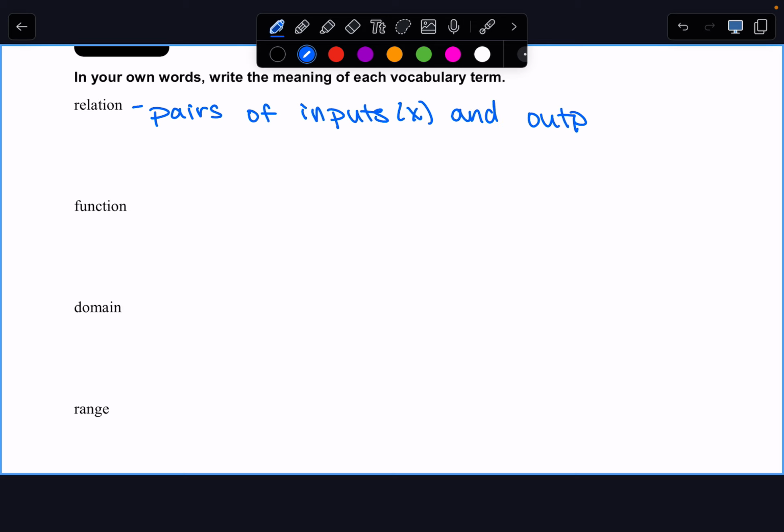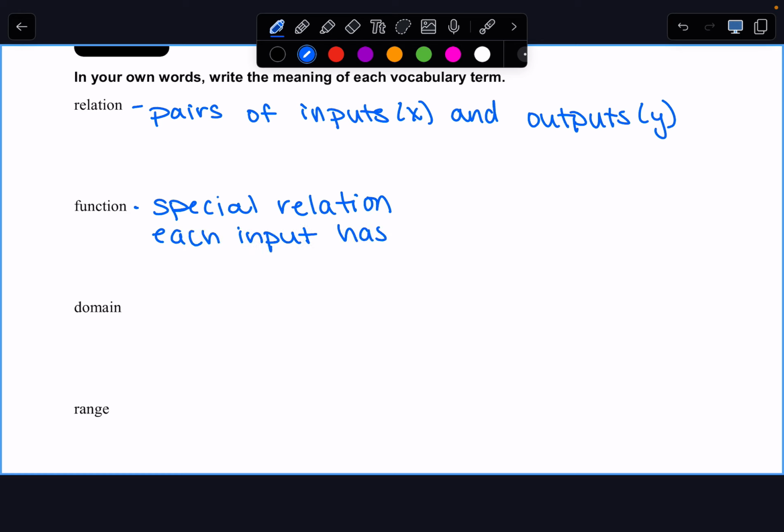I just want you to have this written down in case you ever need to go back to your notes and you're like, what did we talk about that day? Okay. A function is a special relation where each input has one output. Okay.